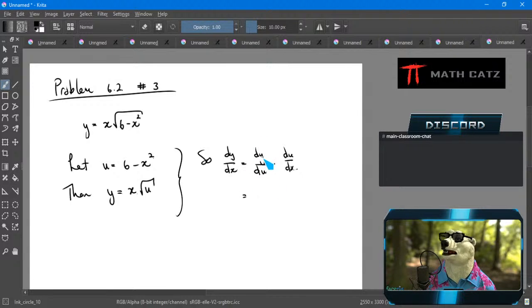It says we have to see a y function with a variable u. But that's not what I'm seeing. I'm seeing a y function as a function of two variables, x and u. And we certainly do not have the skill to handle functions with two variables.